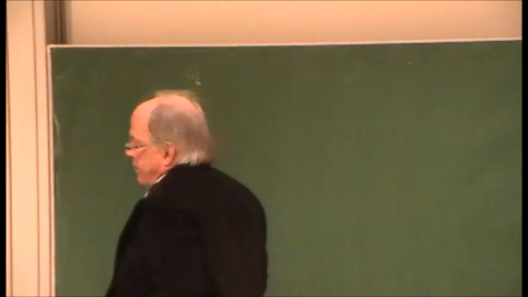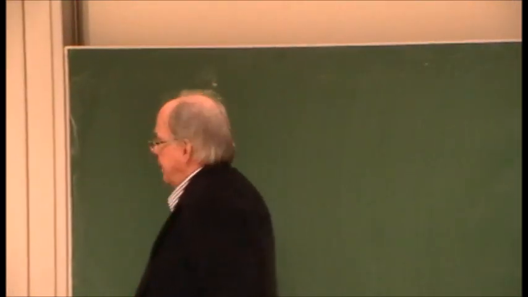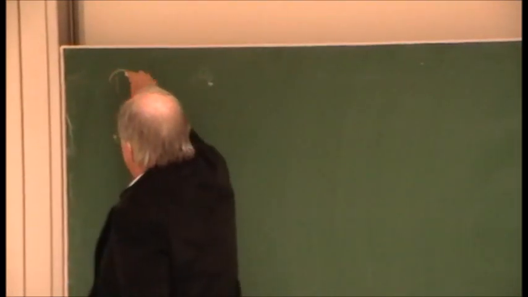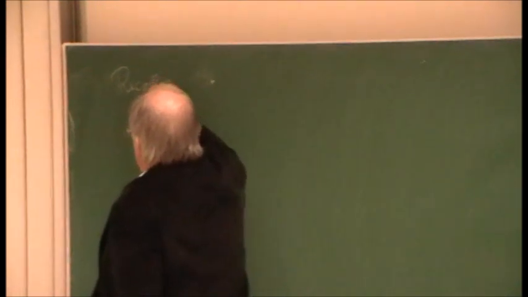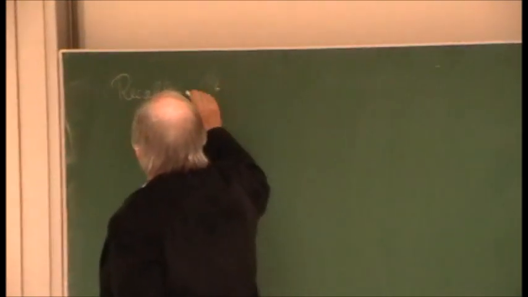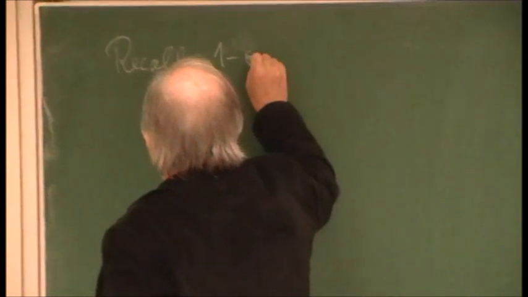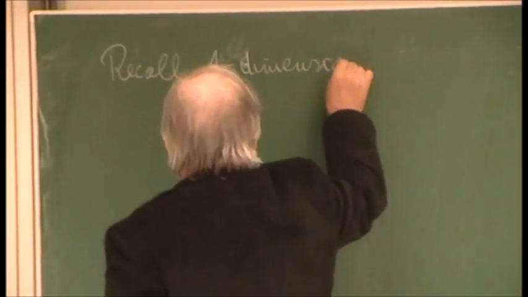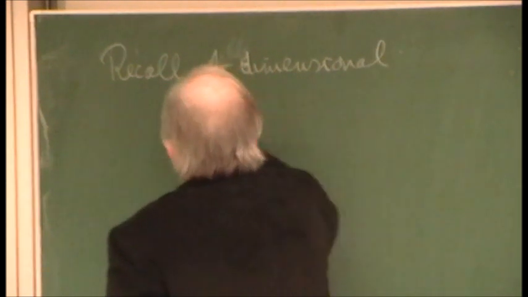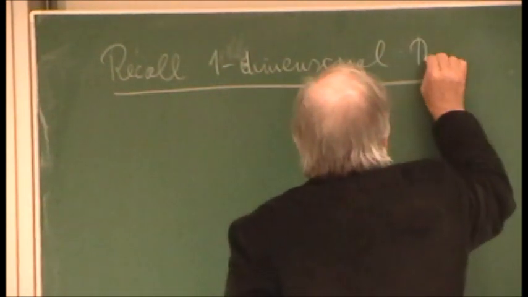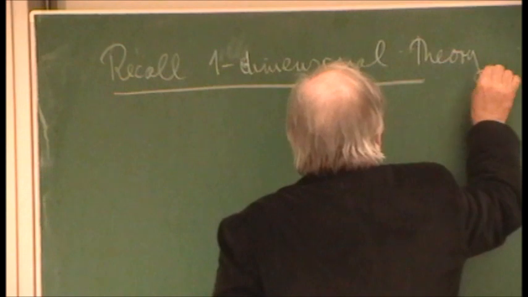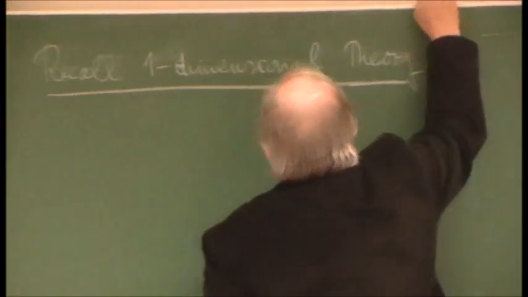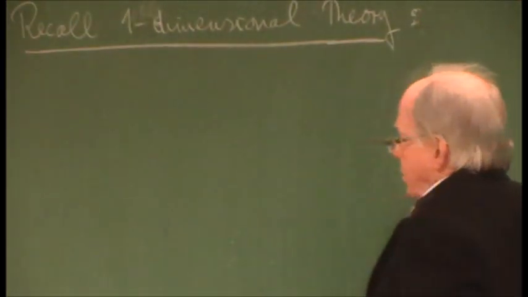Let me tell you how global it is. Let's recall one complex variable, the one-dimensional theory. And I will do a lot of one-dimension here. So suppose you take something like the Riemann sphere, which everybody knows.